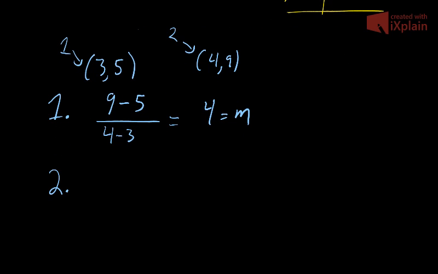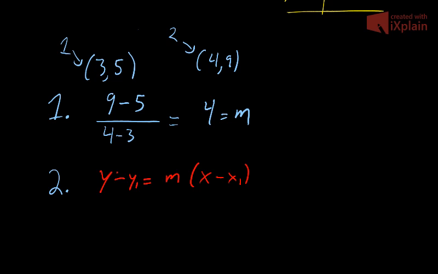My second step is just to plug it into my point-slope formula, which is y minus y1 equals m times x minus x1.